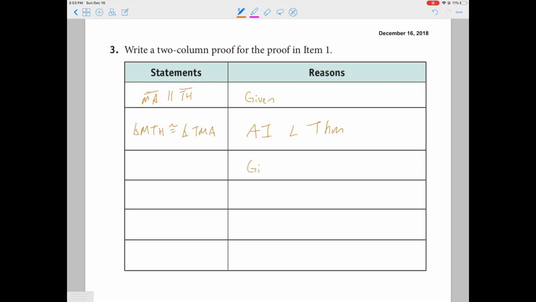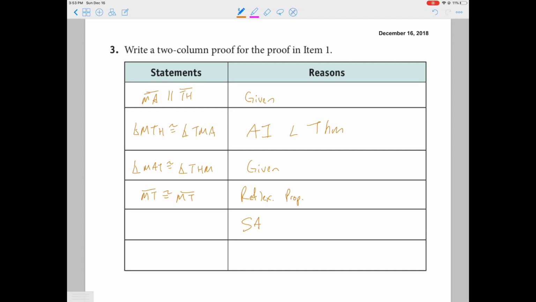Next, we were given 2 more angles were congruent, angle MAT and angle THM. Next, we could use the reflexive property to state MT is congruent to MT.